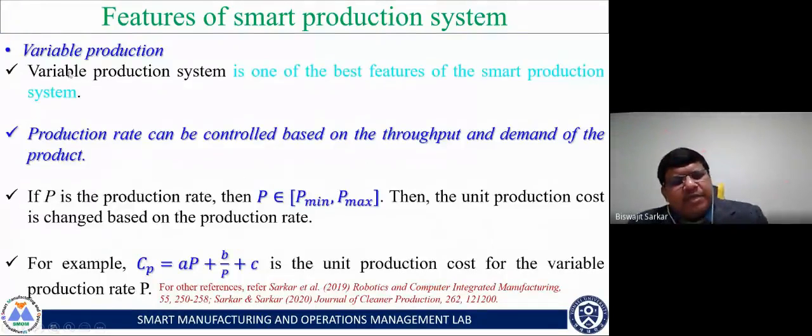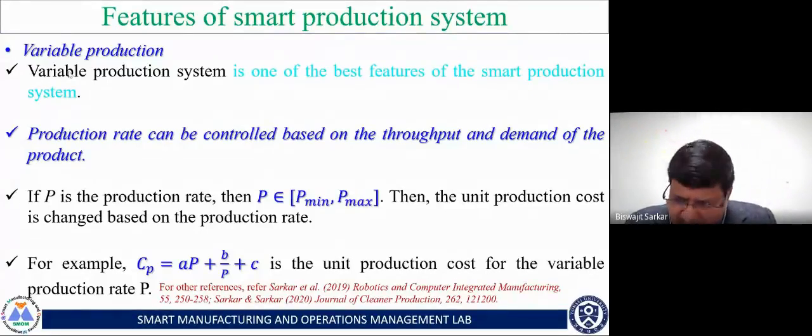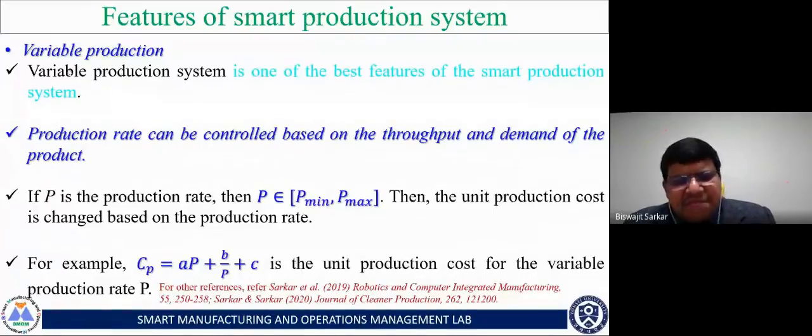And the biggest one is the production rate. In the traditional production system, the production rate is always fixed. Smart production systems, flexible production systems, or additive manufacturing have the biggest feature of a variable production rate. For a variable production rate, the important issue is that it should vary within some limit, with a lower limit and an upper limit.